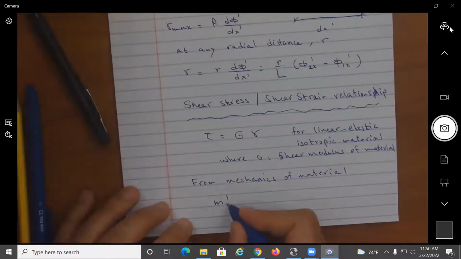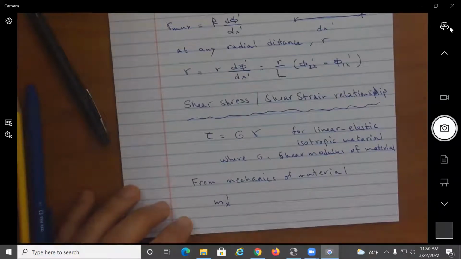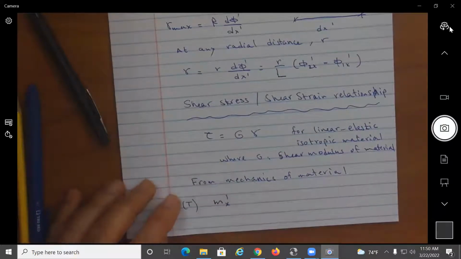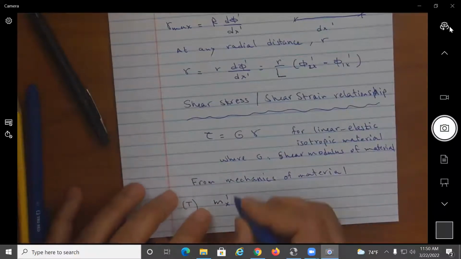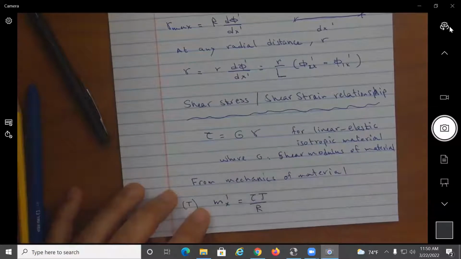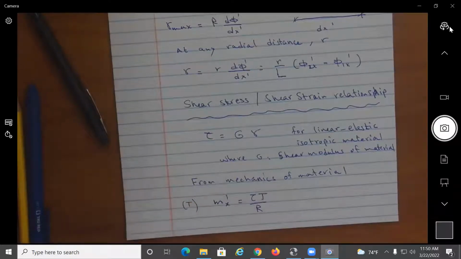Now we understand that x is about the axis of the element, so you can think of this as the torque T. Mx prime is equal to tau J divided by R. Maybe you're more familiar with tau equal to T divided by J times R, which is the same as what you see here.